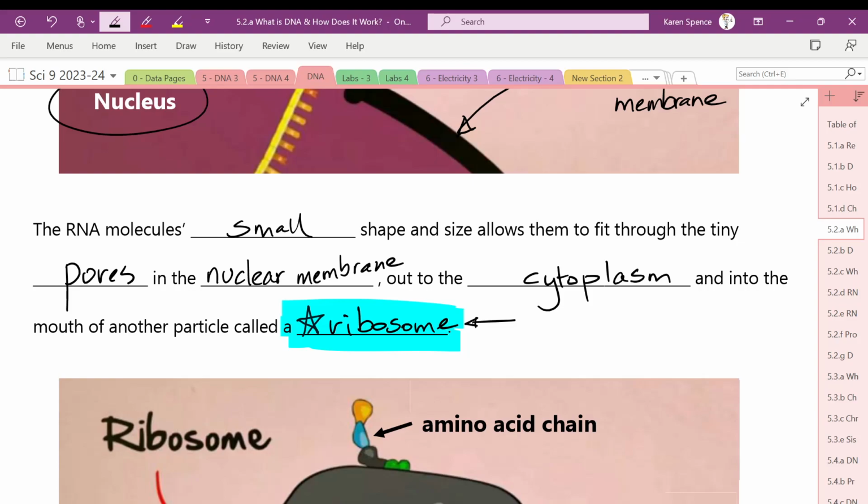So I put a star beside ribosome because it is one of your words that you need to know. What do ribosomes make? They make proteins. So a ribosome is a protein-making machine.